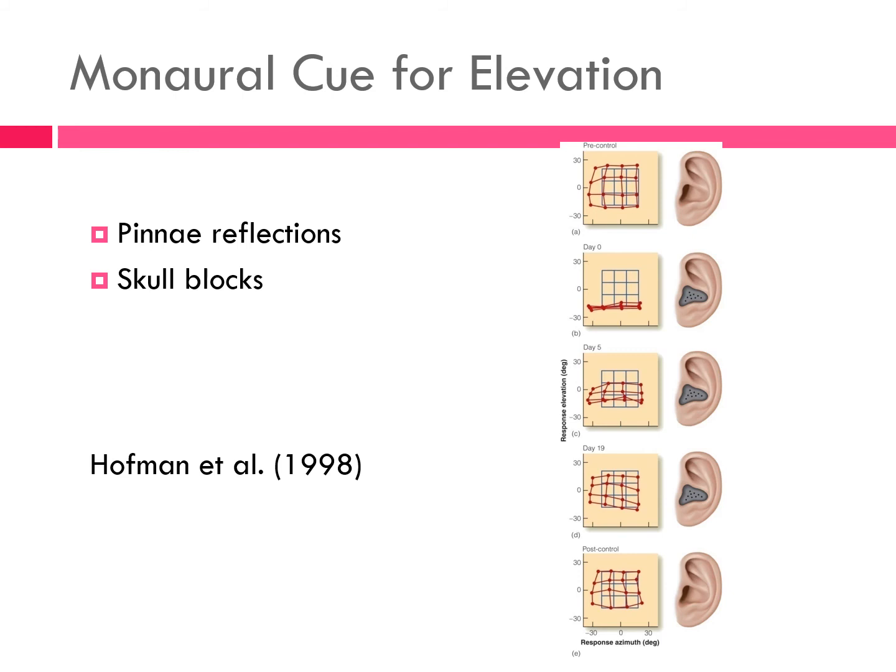I can't really see the days, but I think it's day 5. It's spreading out a little bit. They're getting a little bit better. By day 19, they're pretty close to their original, how they were doing with their own PSYC450. Now with this clay thing in their ear, they're pretty close. And just so you see, after they take the clay out, with their own PSYC450, they're back to normal.